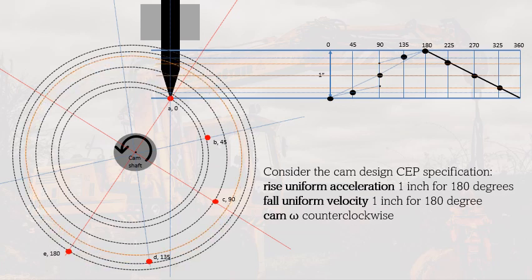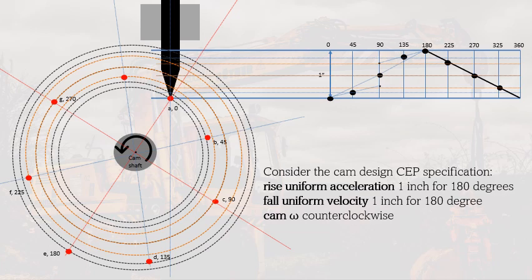For the second half of the part, it will be the same procedure. So we're going to draw the concentric circles and locate it with the corresponding angles for 225 and also for 270, and then we have for 325, and finally for 360 it will be back on its initial position.